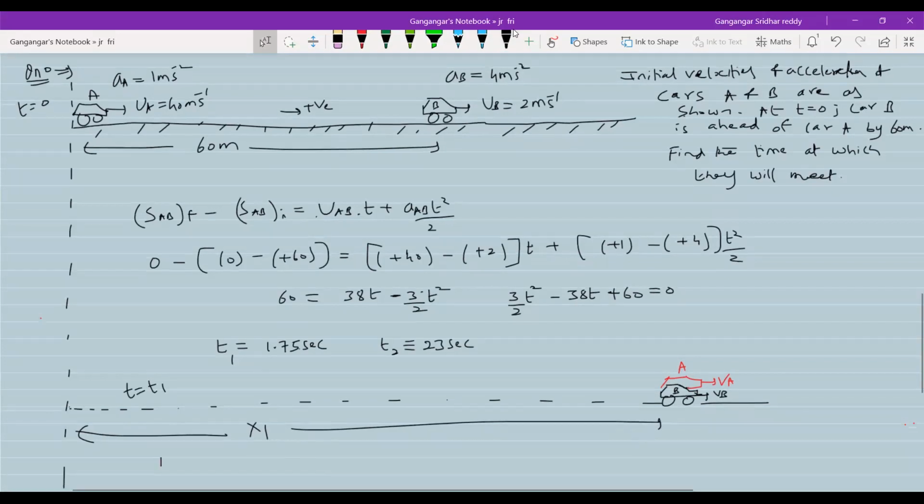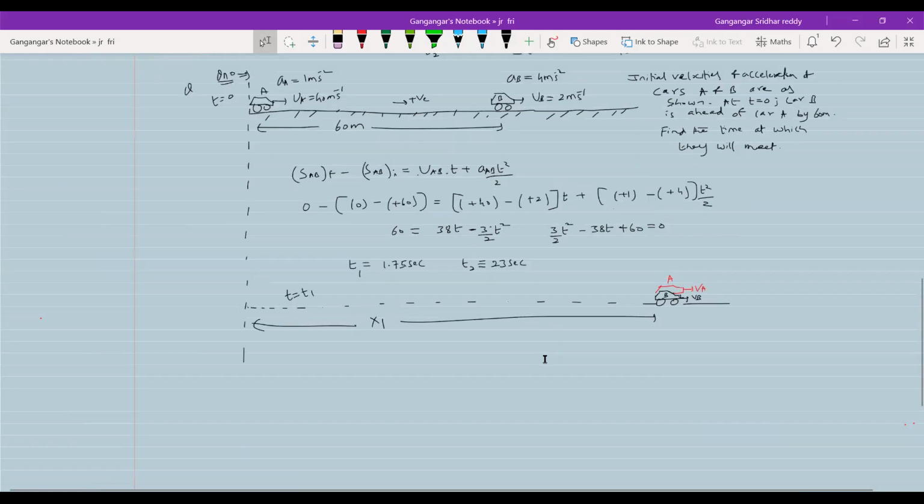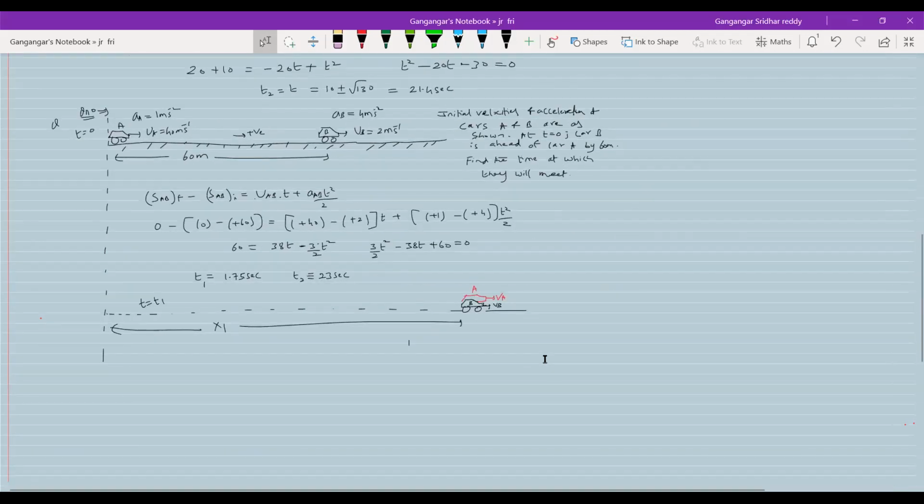Next again, just so that you get the exact picture, I'll draw it down. So again, what will happen? The car B will be here. You call this velocity v1, a1. So here it will have velocity vB2.